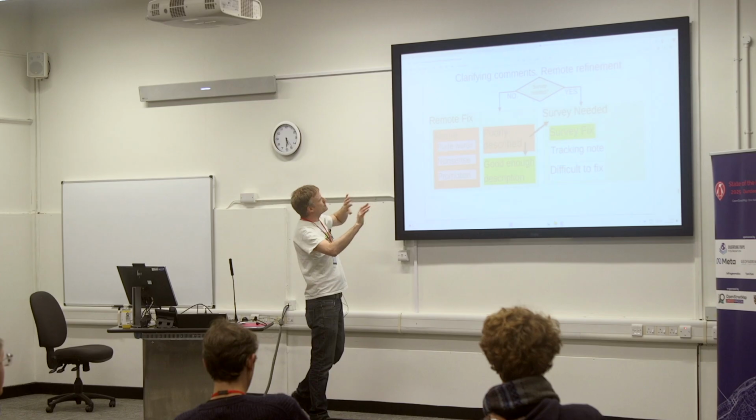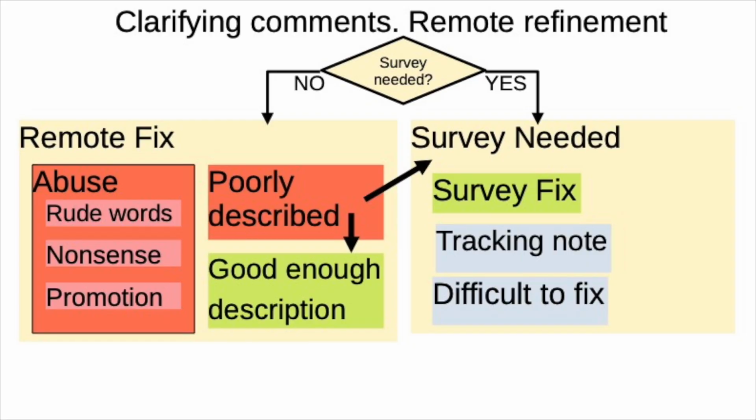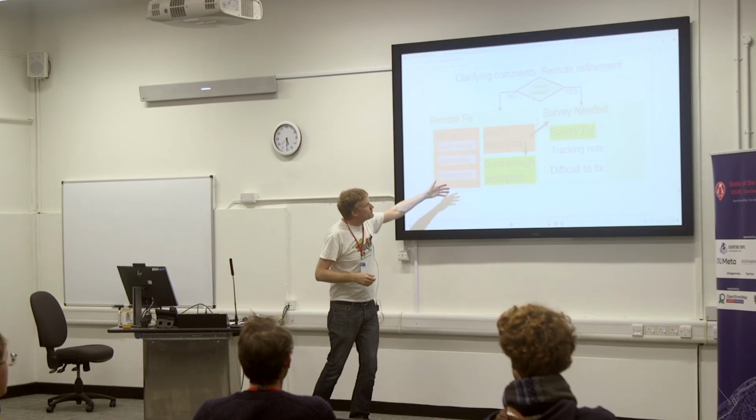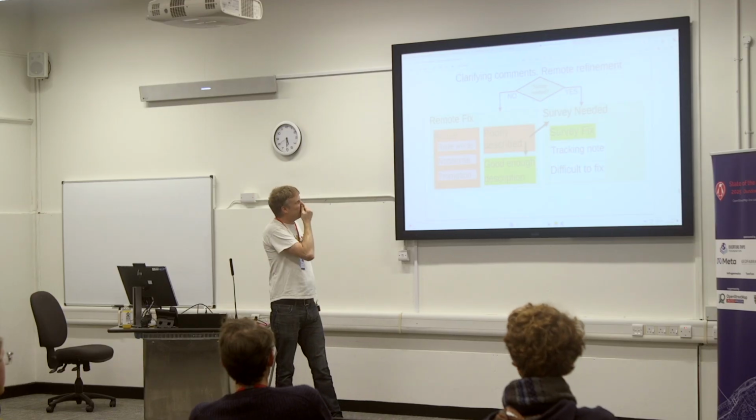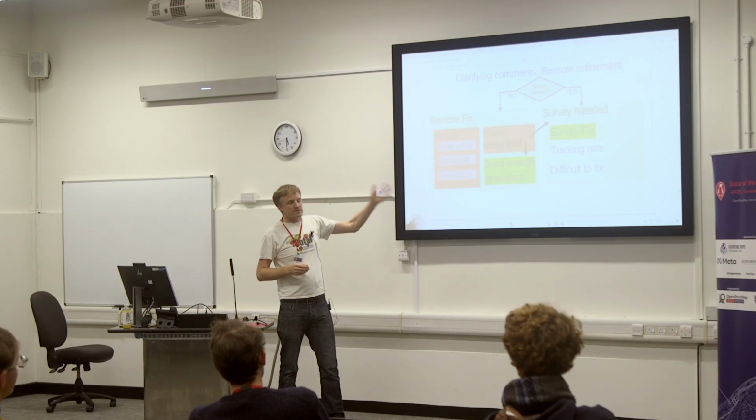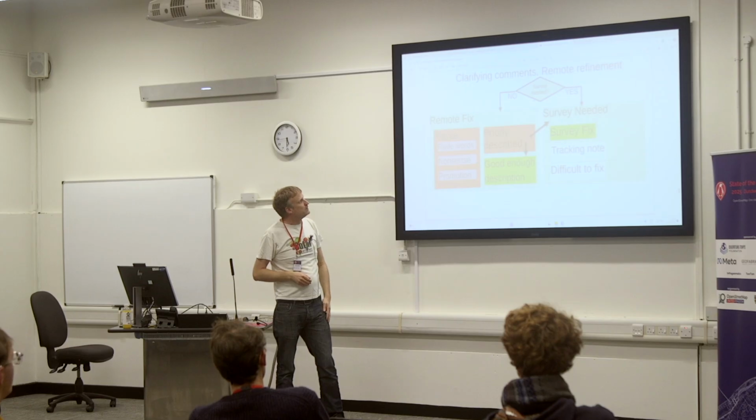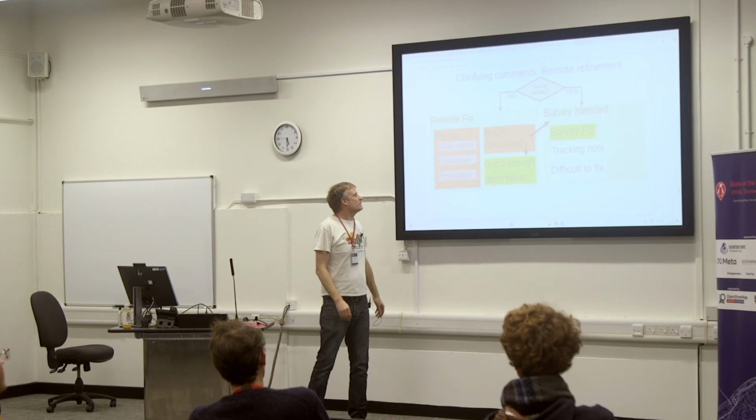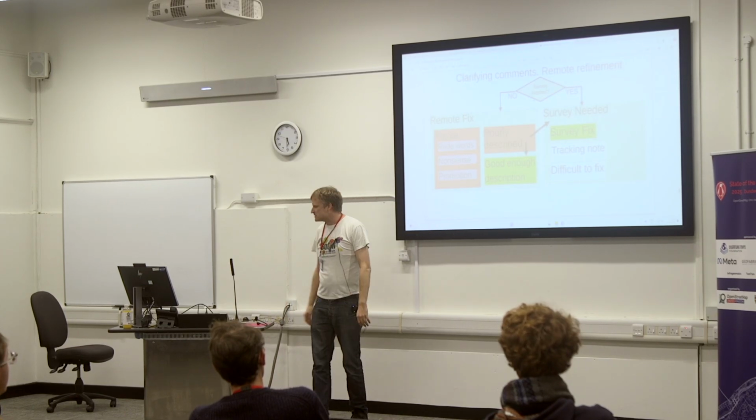It's not quite a divide between survey needed and not survey needed, because if you get a poorly described note, it's a challenge that we can do remotely to try and maybe find nearby Mapillary imagery or something that would allow us then to solve it, so it becomes a good enough note. Or otherwise, we can tag it as survey needed, and then it moves on to the right-hand side of this diagram, becomes a survey fix style of note.